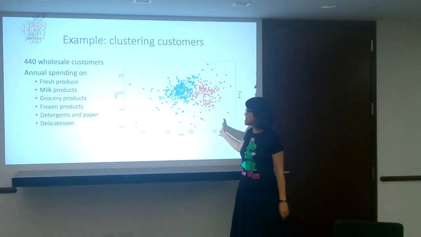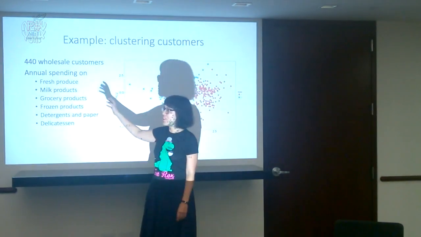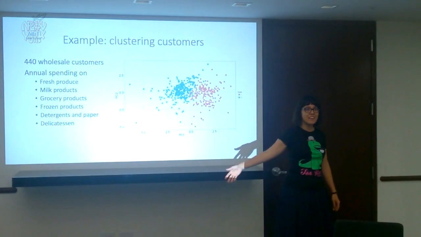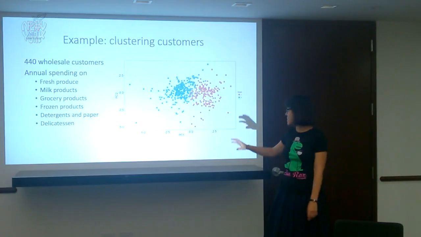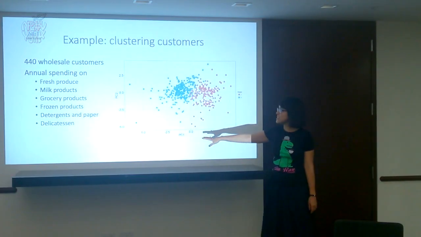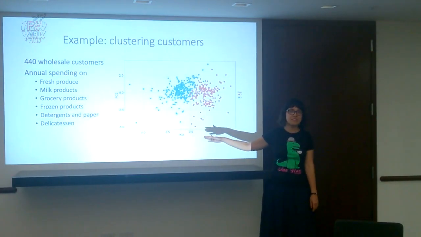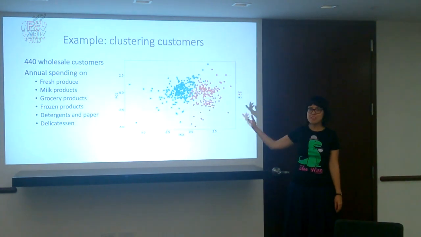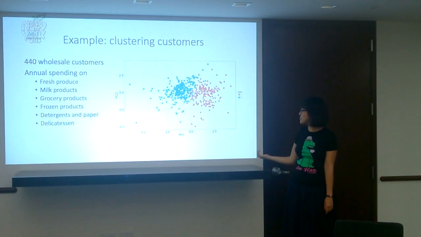And the data set contains their spending on fresh produce, milk products, paper, etc. And if we cluster this, we can get something like this. This is a projection from the 6-dimensional space of their spending into 2D using principal component analysis.